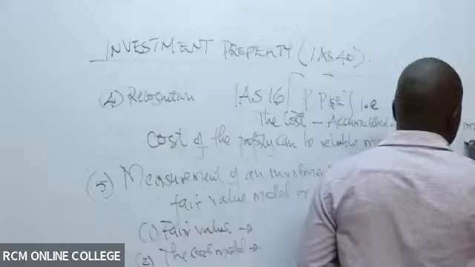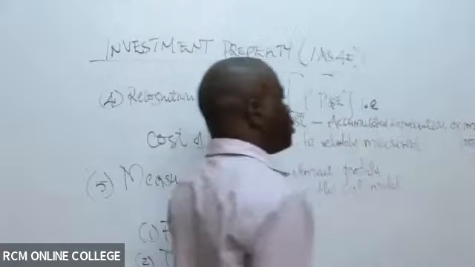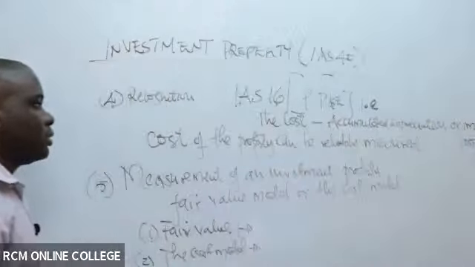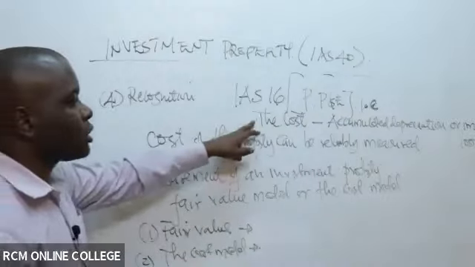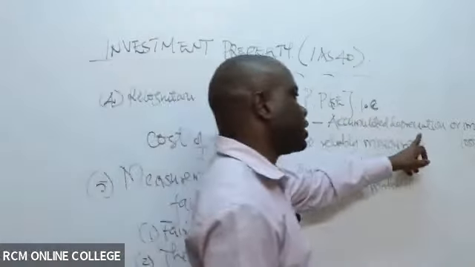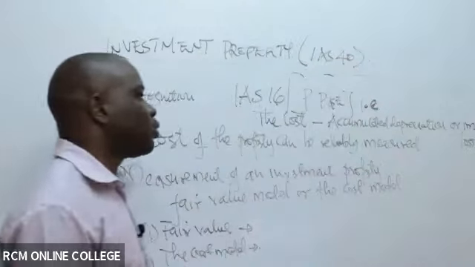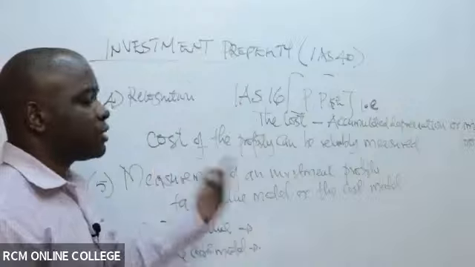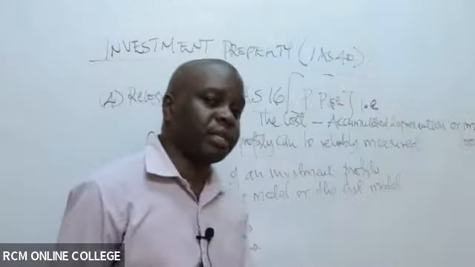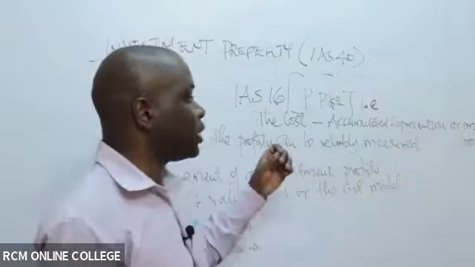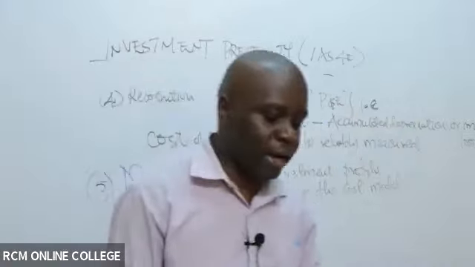That is when you're using the cost model. You take the cost, you less the accumulated depreciation or the impairment loss on that particular asset. That is majorly what you normally do. You take the cost, you less the depreciation, you get the net book value.